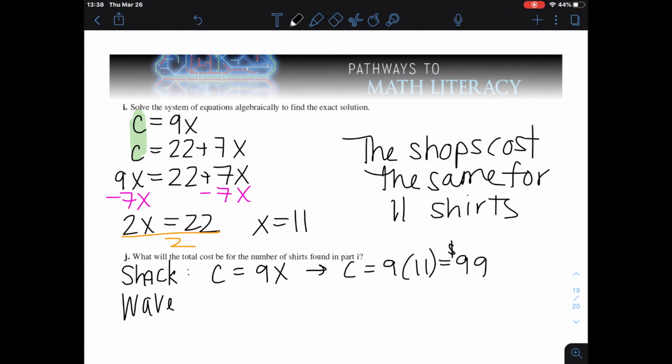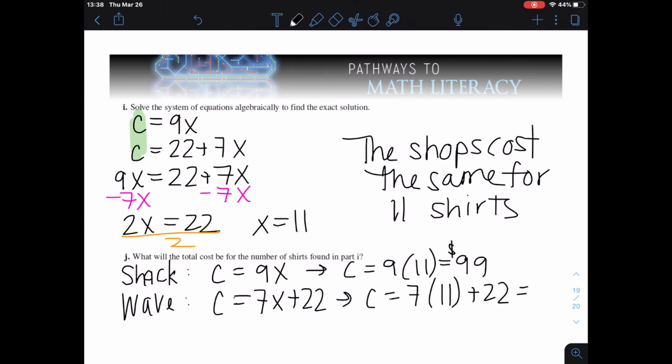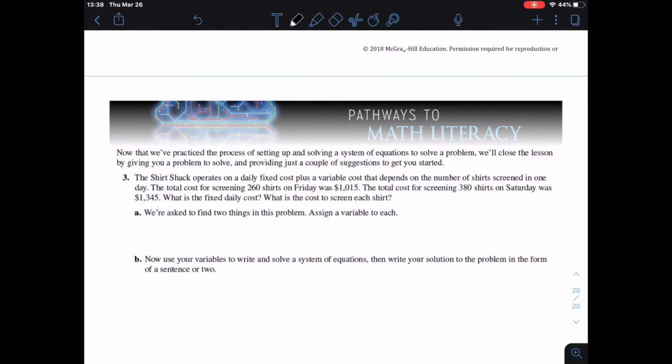For Wave Graphics, the cost is 7x plus 22. So for 11 shirts, it would be 7 times 11 plus 22, which is also $99. So the cost is $99 for both locations.